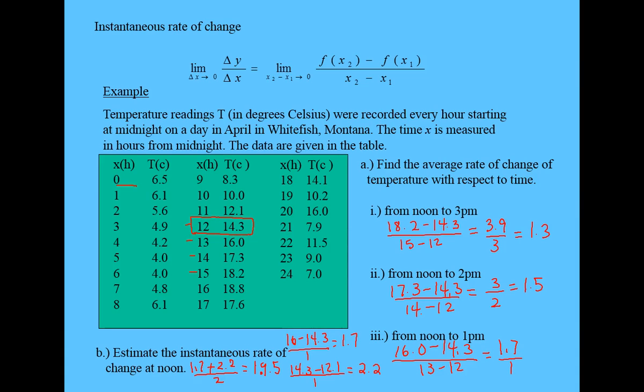We have 1.7 plus 2.2 would be 3.9 divided by 2, which is 1.95. Okay, so it looks like it is 1.95. So that's our estimate for the instantaneous rate of change at noon.